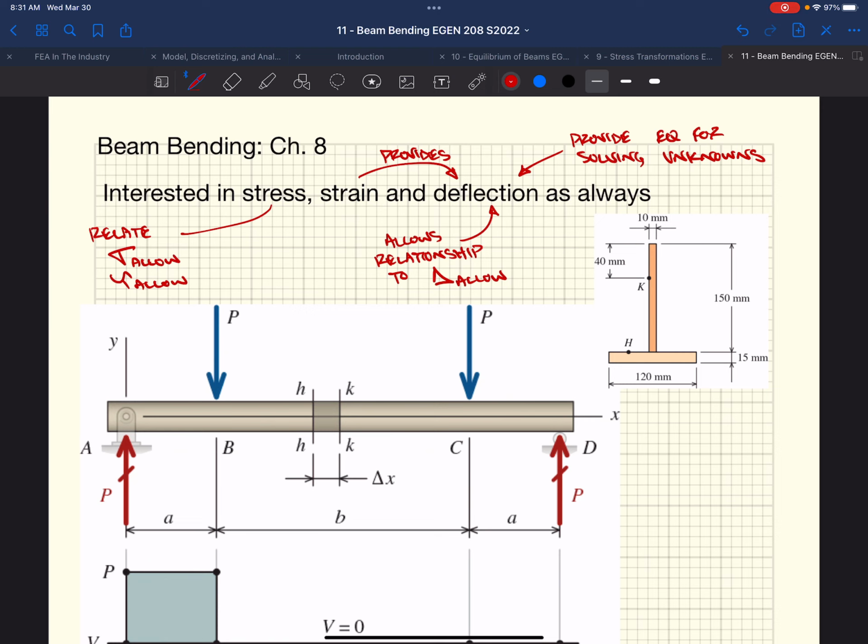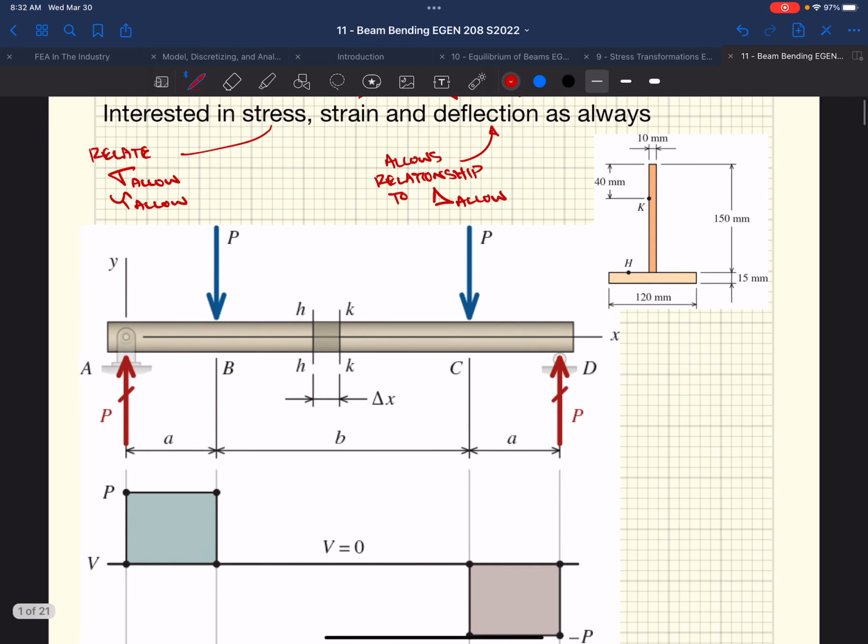We came up with some relationships that combined what the displacements were in a system, and then we had equations for the displacement based on forces and geometry, and we could relate those two together based on forces, and that gives us another equation of equilibrium, essentially. Another equation to use to solve unknowns. So that's where we're headed, okay?